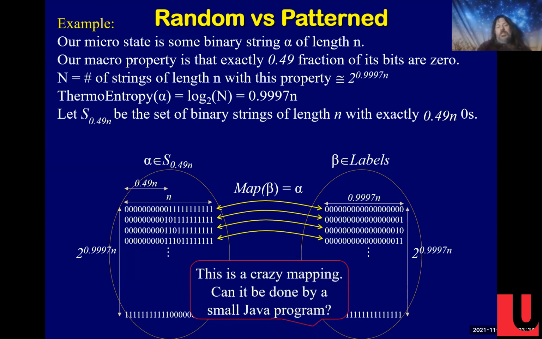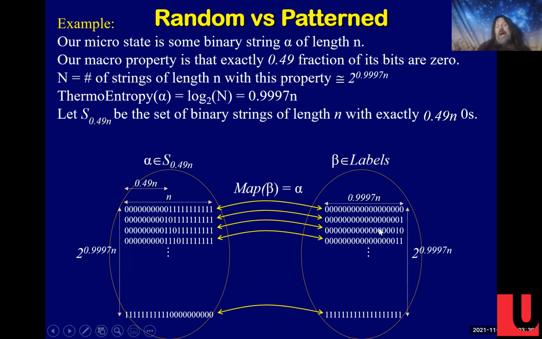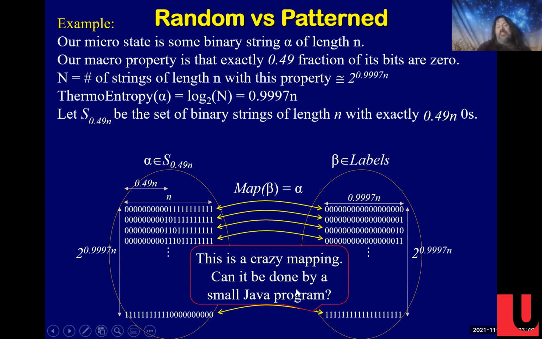This is a crazy mapping. Now I'm asking, can I write a Java program that will compute this mapping? It will take as input beta and output the corresponding alpha. So I'm going to write this Java program.